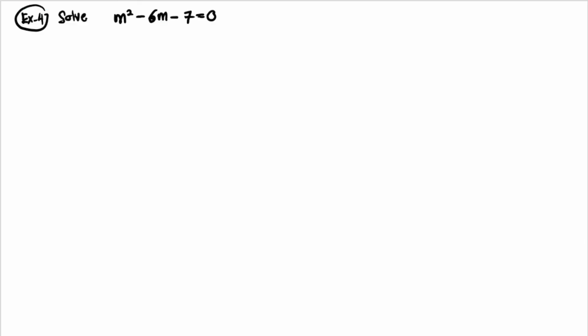Suppose we have this quadratic equation with the variable x. Can we factorize this? If yes, then try to use the factorization method, that's the easiest one. Now I have m as the variable, so be careful, it's not x.